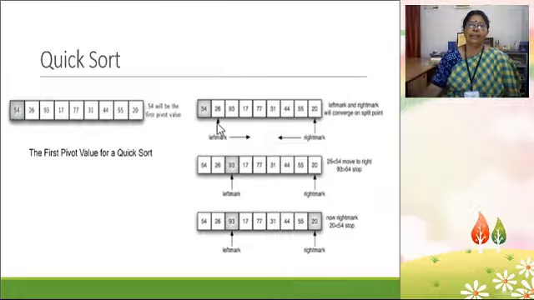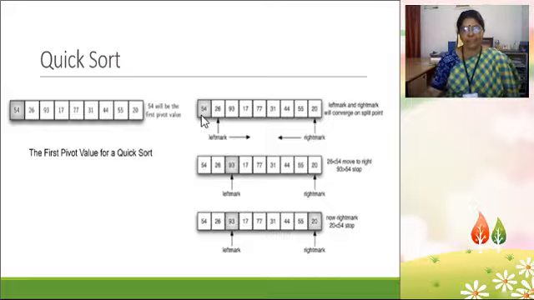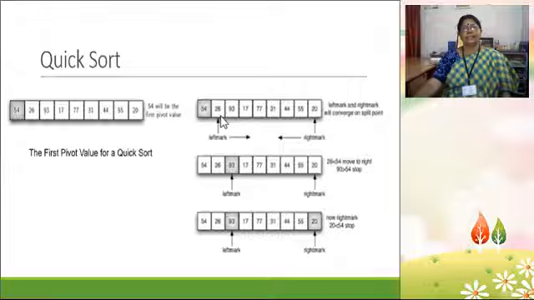Now we start comparing the elements. We compare the element pointed to by the left pointer with the partition element. Remember, we assume the first element as the partition element for now. Now the left pointer points to 26. We compare 26 with 54.